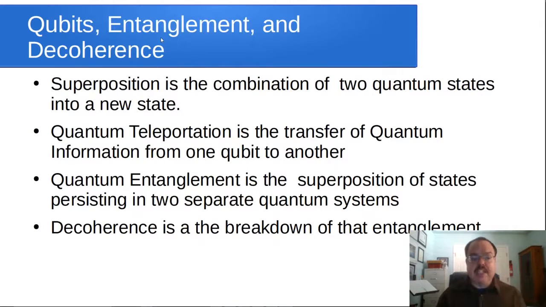But the catch is that maintaining that coherent state where the superposition has not been collapsed, maintaining that, what physicists are calling entanglement, gets harder. The more pieces you get in and the longer you try to do it, it gets harder and harder. And that's the key challenge right now for a lot of people developing the hardware for these systems: how do we maintain this quantum entanglement, this superposition of states, for a long time, for as long as possible without collapsing it. Right now it's in the order of milliseconds, and they're trying to obviously get it longer.